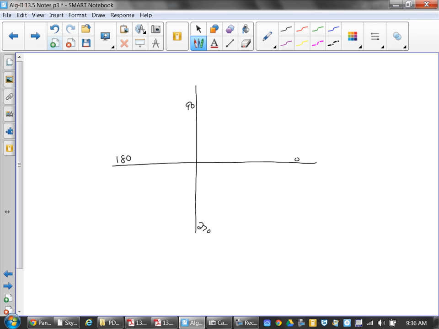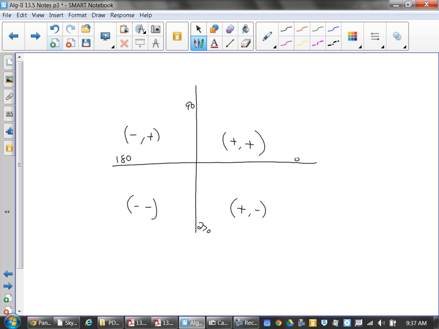Okay? Now, your x and y values in the first quadrant are both positive, correct? In the second quadrant, they are negative and positive. Here they're negative and negative, and here they are positive and negative.